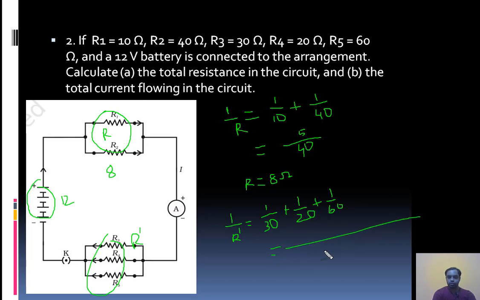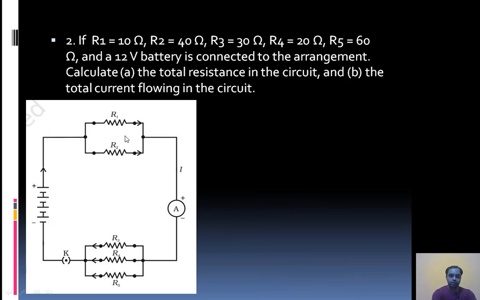So it will be 2 plus 3 plus 1. So here R dash will be equal to 10 ohm. Okay, so here R dash is 10 ohm. This one is 10 ohm. So here this is 8 ohm, this one is 10 ohm.